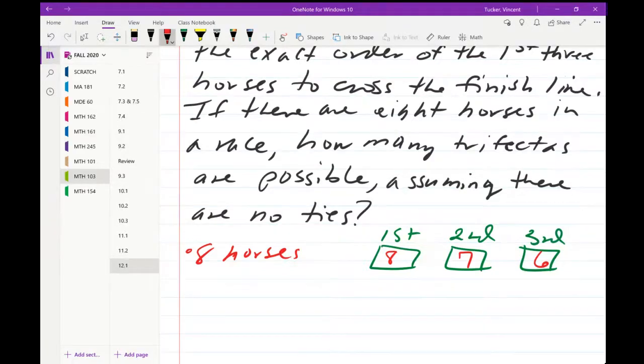After you figure that out or establish that, you can go ahead and multiply those 3 together. And it should be 336.